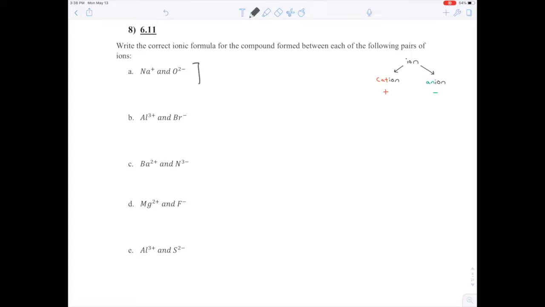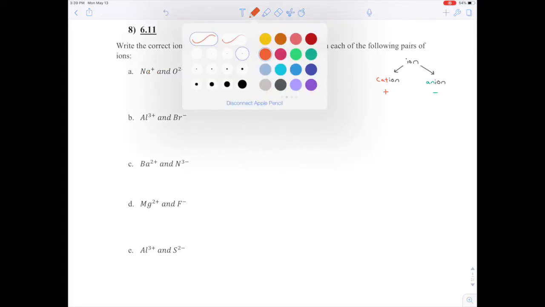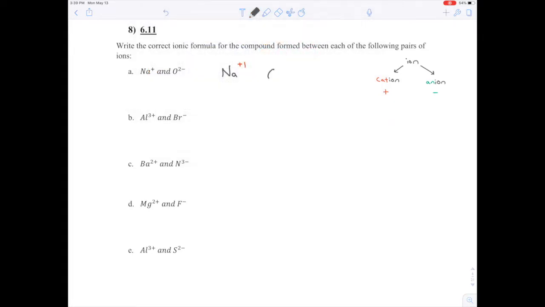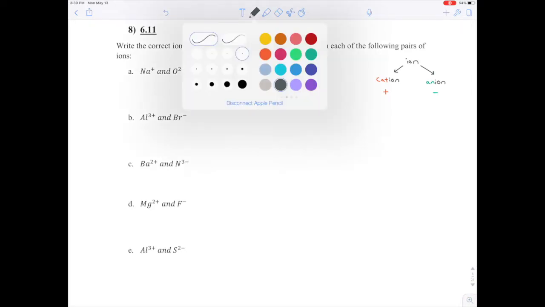So let's think about this first case. Exercise 8, part A. Imagine you had sodium with a +1 charge. Okay, and if no number is written, like is the case up here, it just means it's a 1. Okay, and then let's say you have an oxygen with a -2 charge.